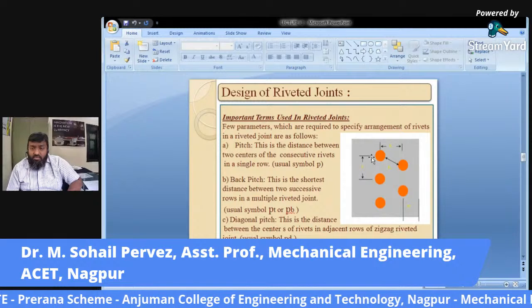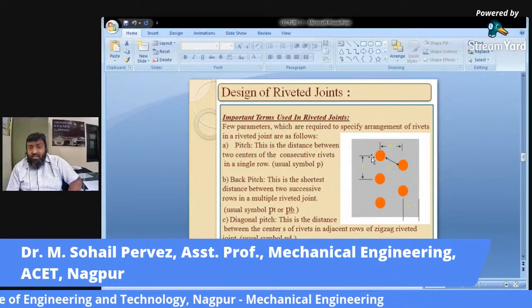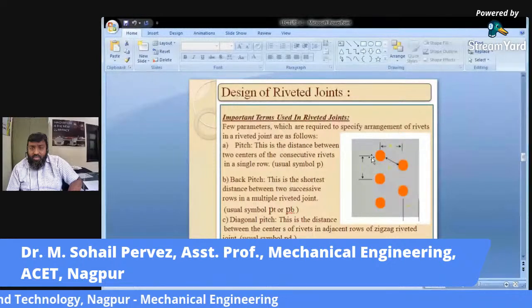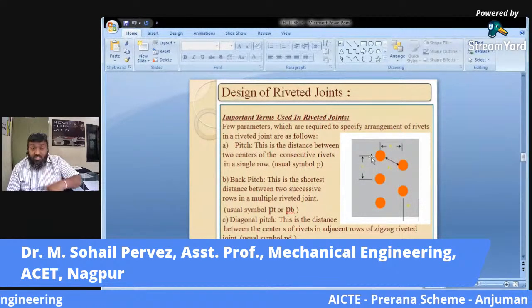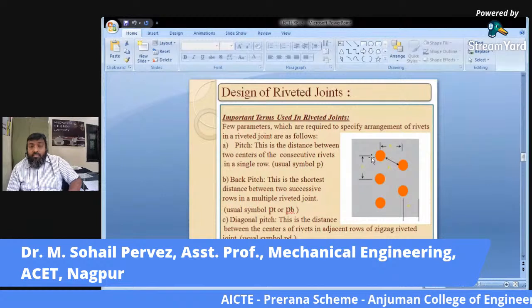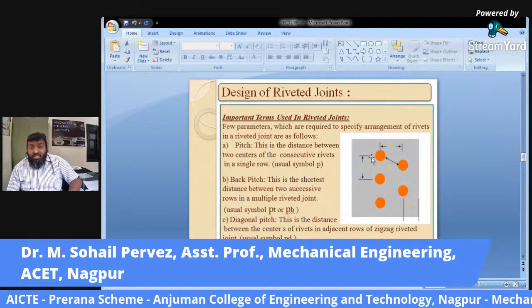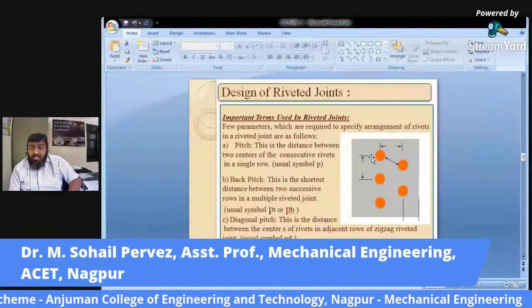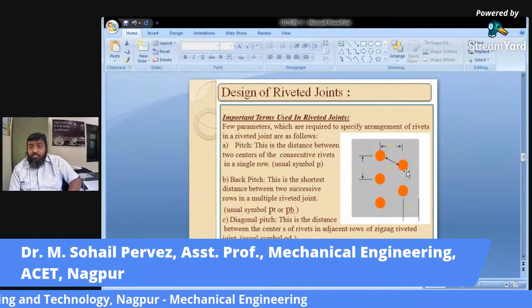Now when we say design of riveted joint, we have to have certain terminologies very clear with us. These terminologies are nothing but the geometry of distances of the riveting.